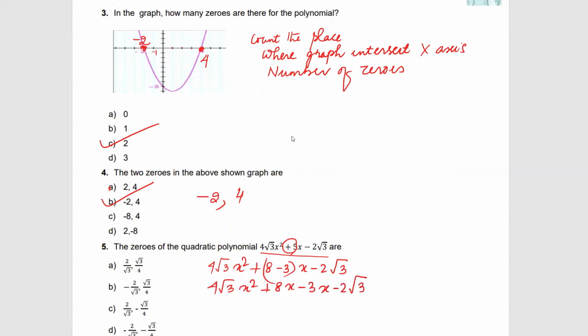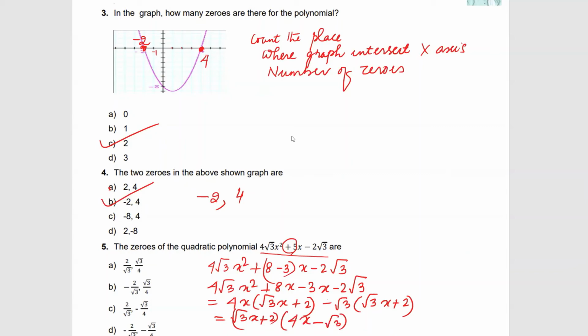Now I'll take common 4x, root 3x plus 2, minus root 3, I'll get root 3x plus 2. So ultimately the factors are root 3x plus 2 into 4x minus root 3.